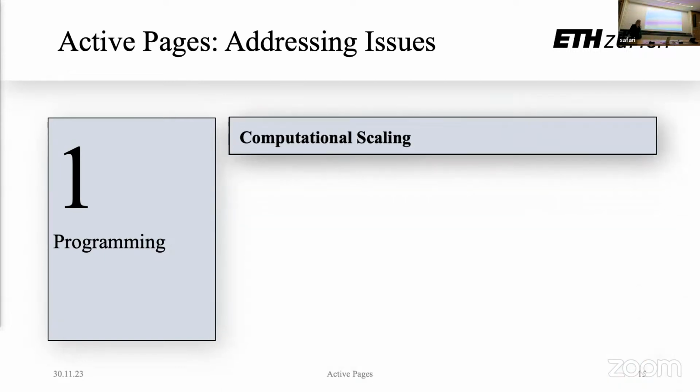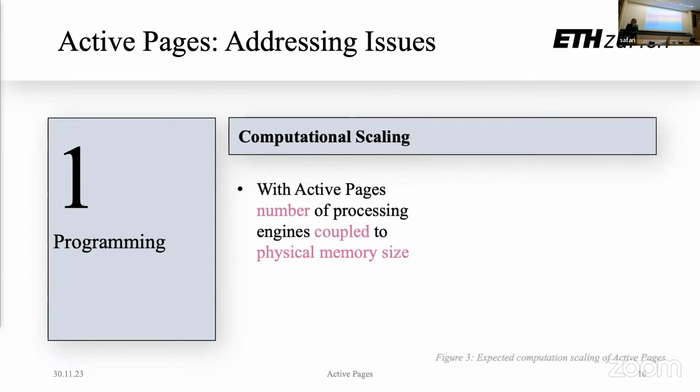Next up is the computational scaling. This is one of the most important issues and will be addressed again by the results. The most important thing to remember with active pages is that the number of processing engines is coupled to the physical memory size, as opposed to traditional microprocessors where a fixed number of processing engines has to be applied on a variable problem size.